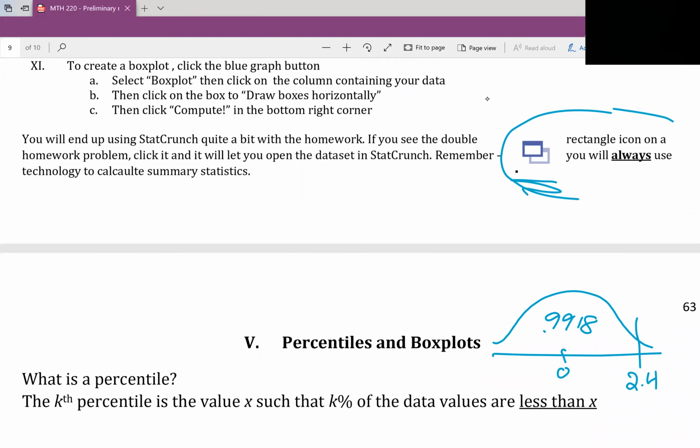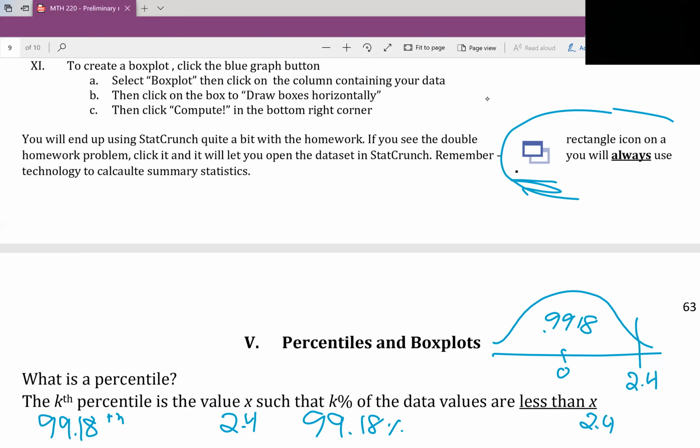The 99.18th percentile is the value 2.4, such that 99.18% of the data values are less than 2.4.